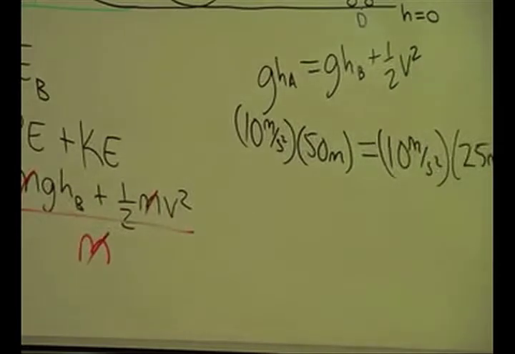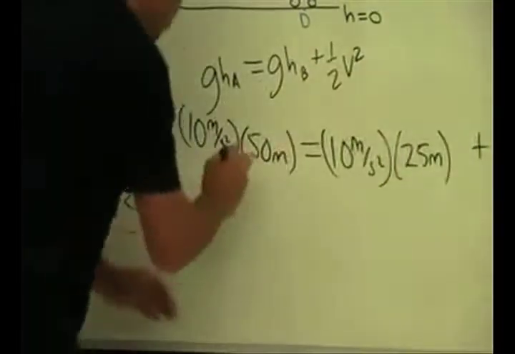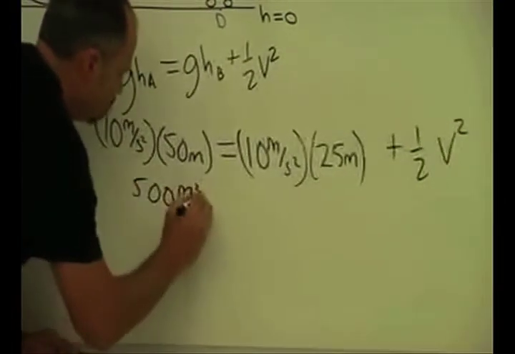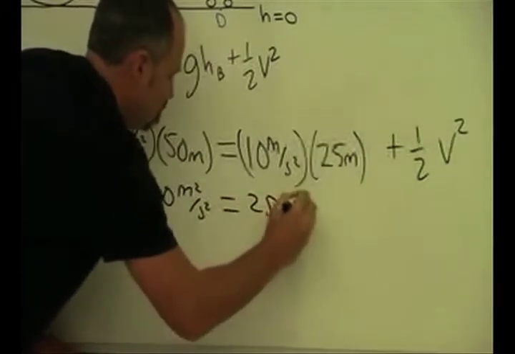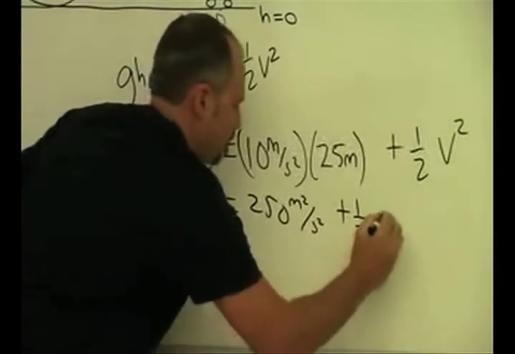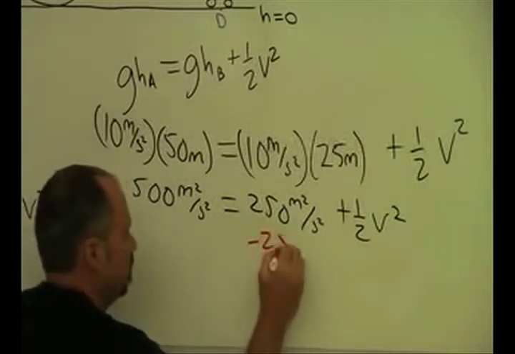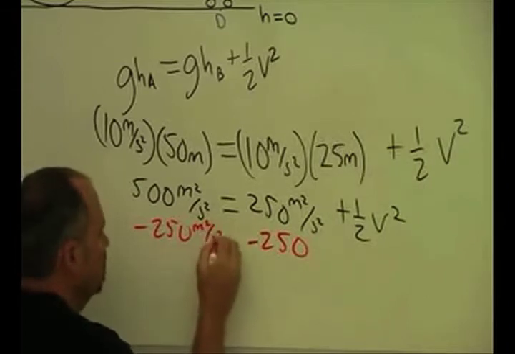So now it's just a matter of multiplying and solving, and here we'll get 500 meters squared per second squared. That equals 250 meters squared per second squared, plus 1/2 v squared. And now just doing some simple algebra, we subtract the 250 from both sides. I guess I should put in the units.